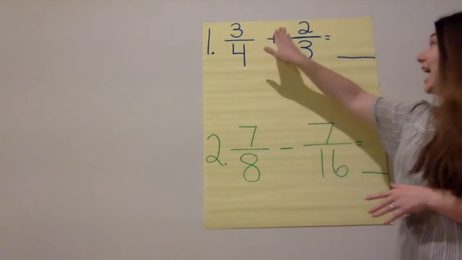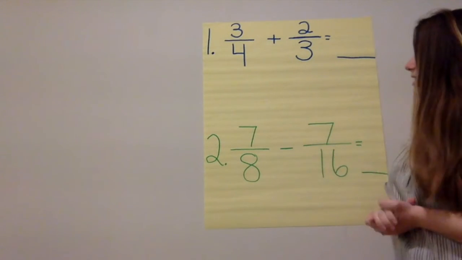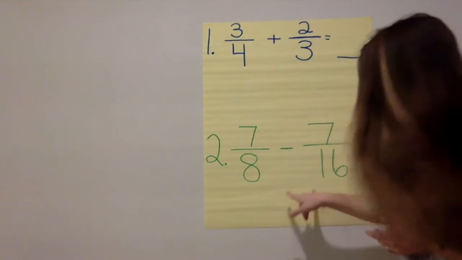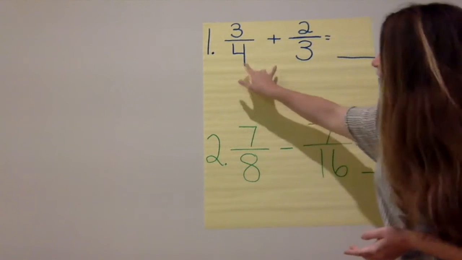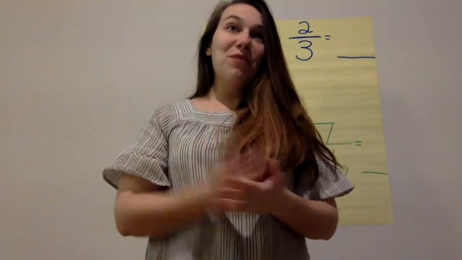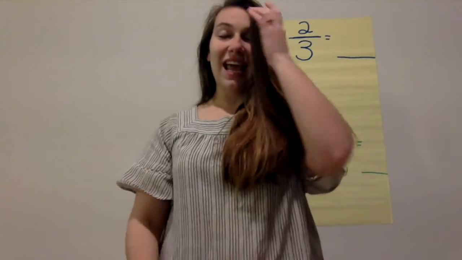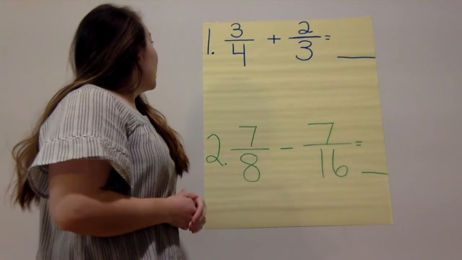We are going to be adding and subtracting fractions, but what do we notice about these fractions? Very good. They have uncommon denominators. So grab out that sheet of paper and we are going to get started working on some of these problems today. So let us look at question number 1.